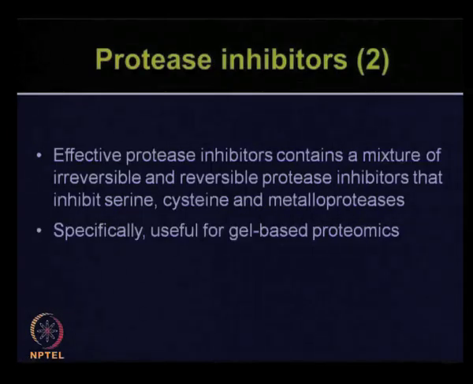The effective protease inhibitors contain a mixture of different types of protease inhibitors, irreversible and reversible, which inhibit serine, cysteine and different metalloproteases. This step is more important when you are preparing your samples for gel based proteomic applications.